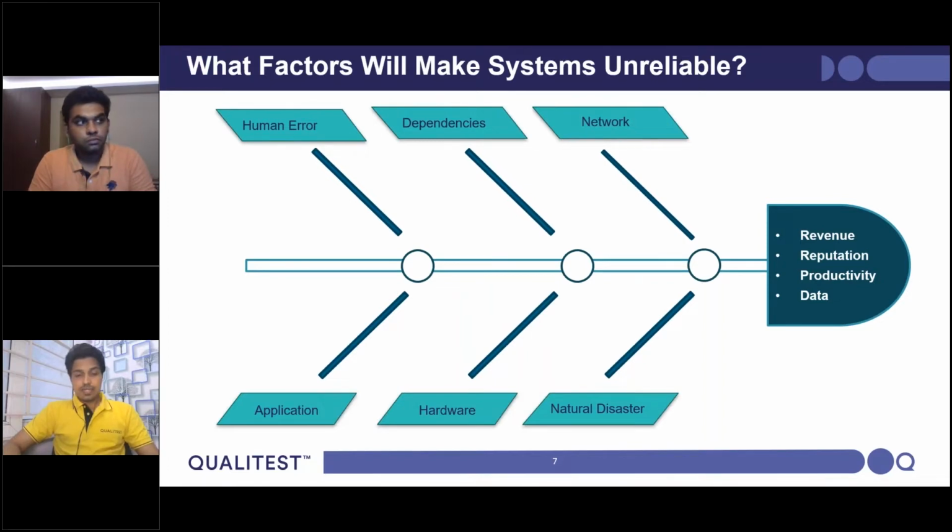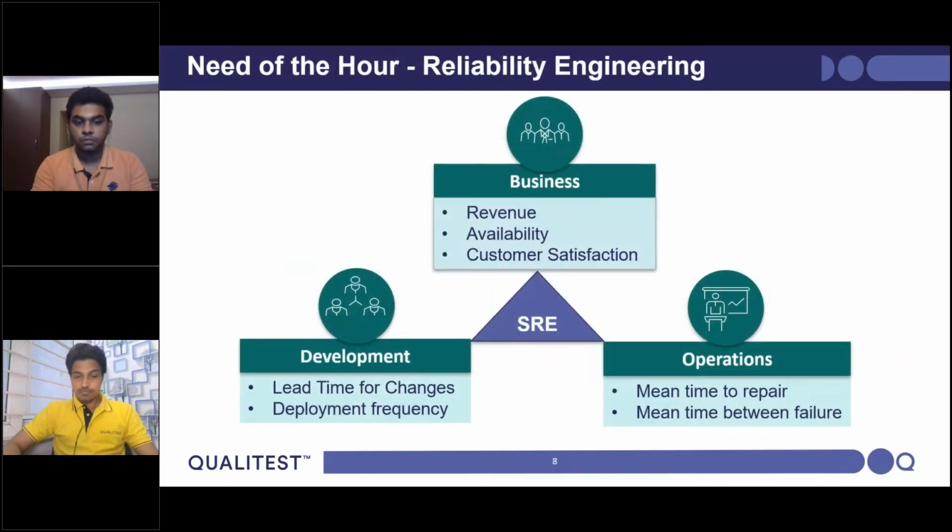Now, having understood what is reliability and what factors will influence the reliability of a system, that brings to the need of the hour, the skill set that is required, which is reliability engineering. Now let's briefly speak about why reliability engineering is emerging as a specialty skill set.